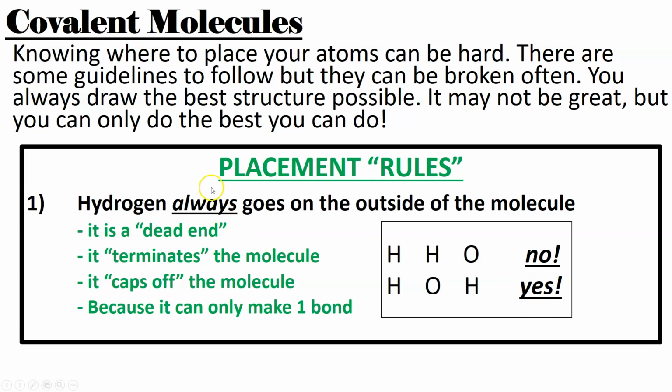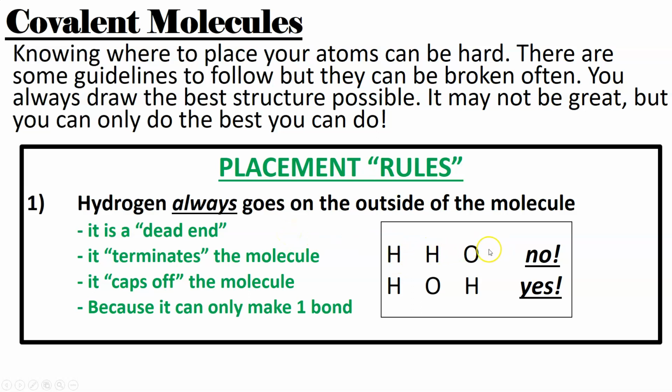One of the most important rules is that hydrogen has to go on the outside of the molecule. Hydrogen can only make one single bond. It can only have 2 valence electrons. And so it functions as a dead end, or we say it terminates the molecule, or caps it off, because it can only make one bond.